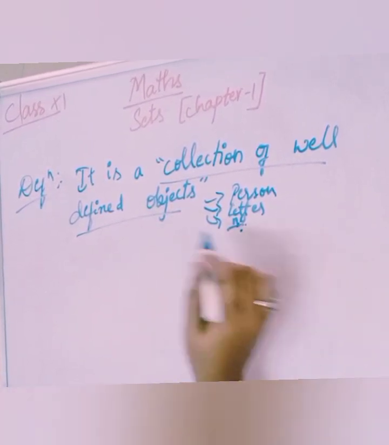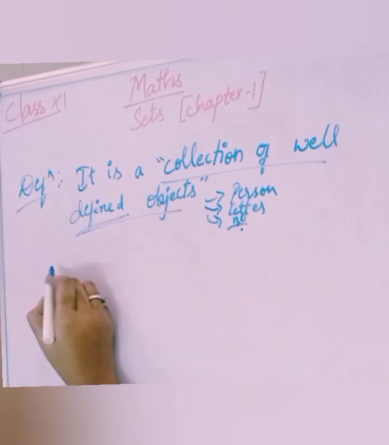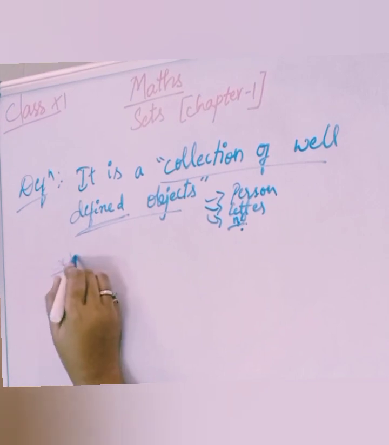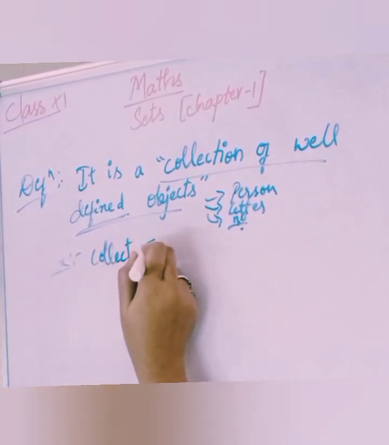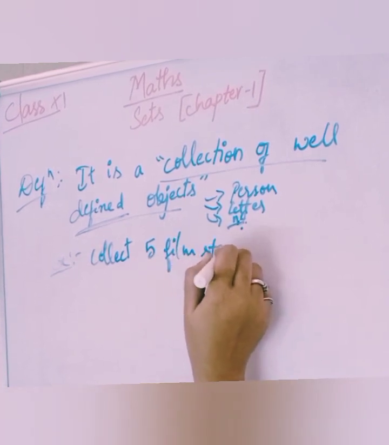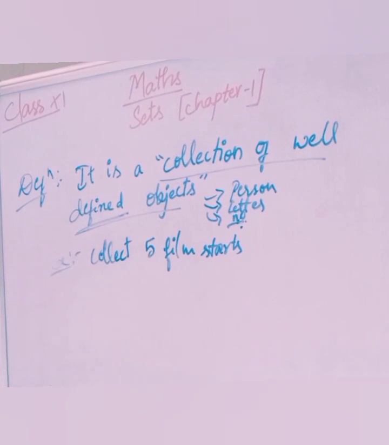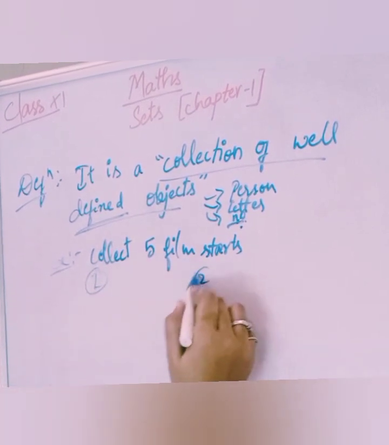But one thing you need to remember, it must be well-defined. So defined means what? It should not vary from person to person. For example, collect any 5 film stars, and I'll tell any 2 persons to collect it. Person 1 is here, person 2 is here.